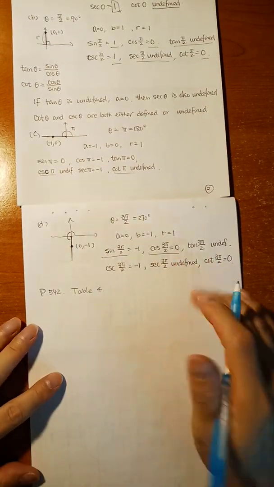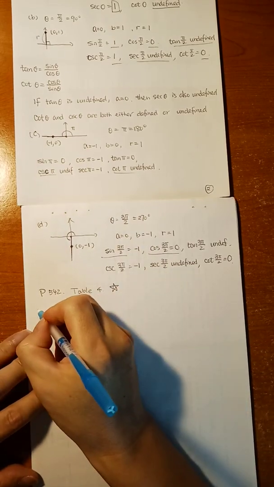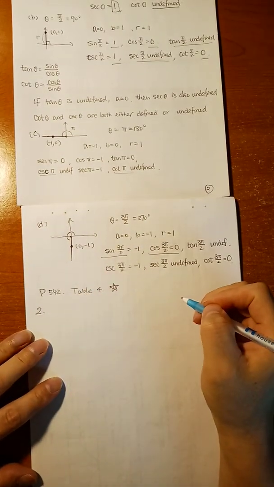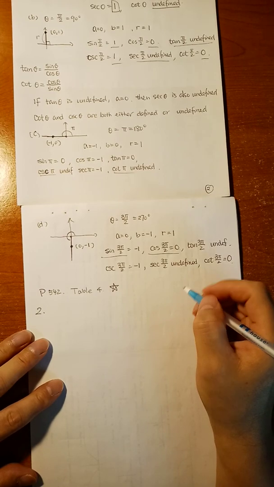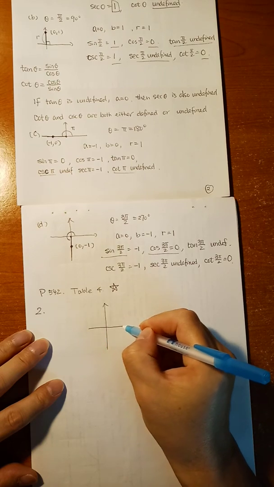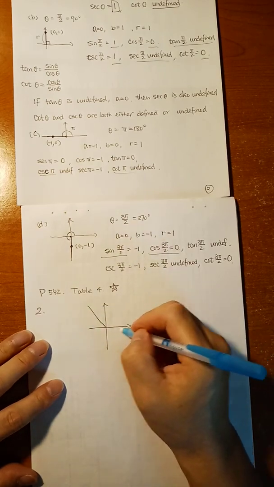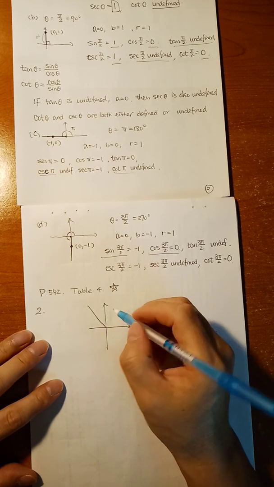So this is the example. This table is very important. Keep them in mind. So let's check here. For example, we have an angle in standard position.